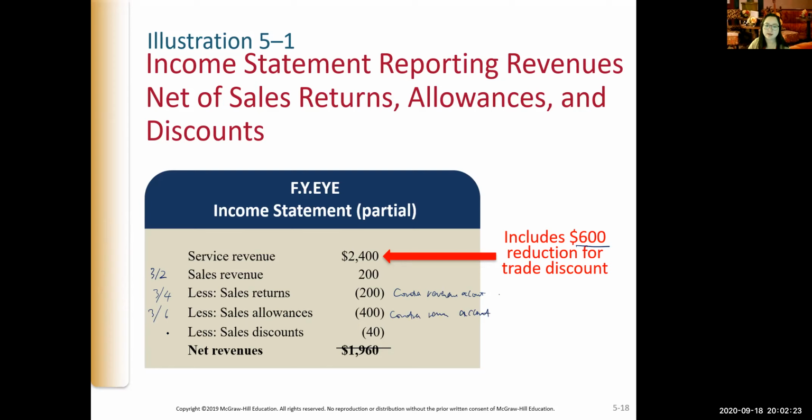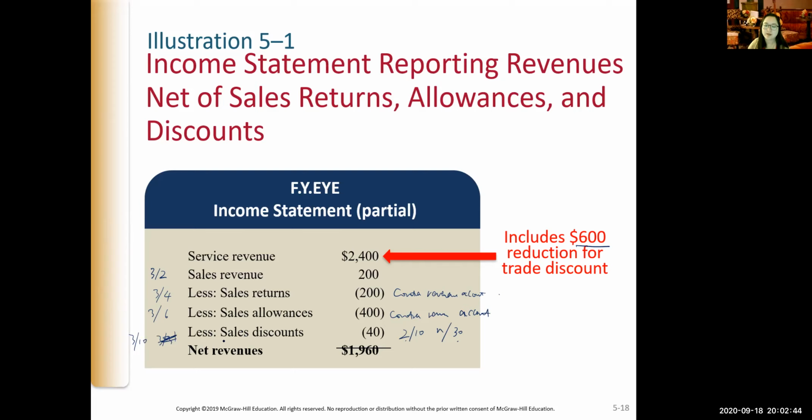And the last thing, on March 31st, the company said that if you pay us within 10 days, we'll give you a 2% discount, and you have to pay us in full within 30 days. The customer did pay within 10 days, which is March 10th.